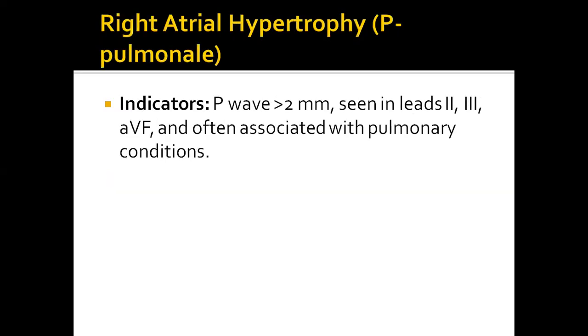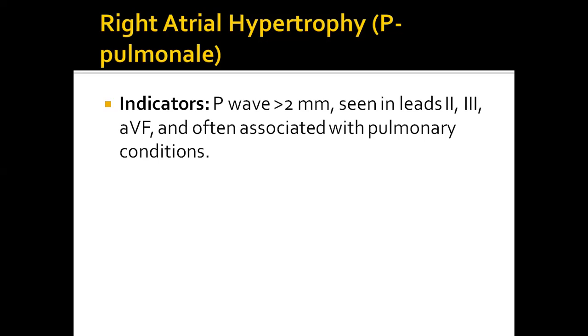Right atrial hypertrophy, also known as P pulmonale, is often linked to chronic pulmonary disease or tricuspid valve disorders. The ECG reveals a peaked P wave greater than 2.5 millimeters in amplitude, particularly in leads 2, 3, and aVF.